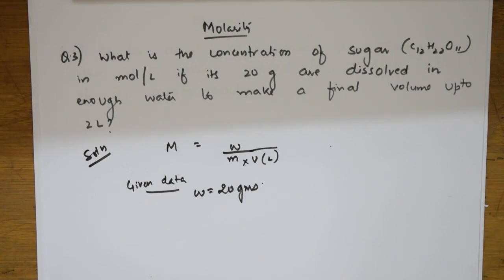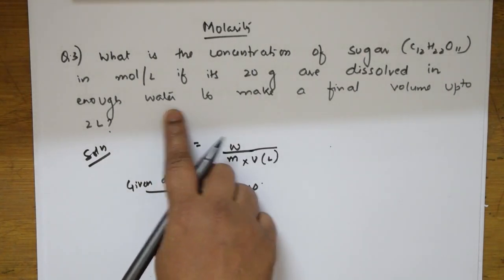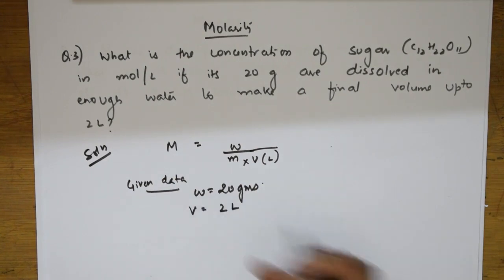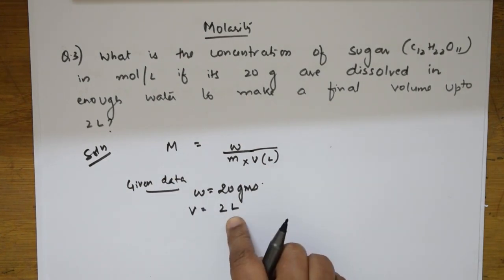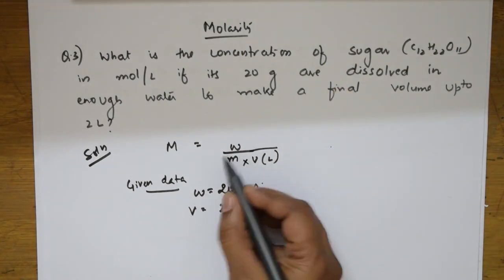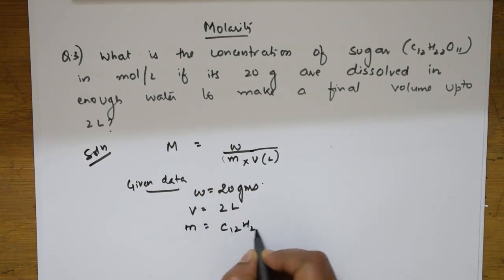Did they give us mass or volume? Okay, volume. Volume is given to us: enough water to make up the final volume to 2 liters. Already this is in liters, not a problem. And after that, did they give us molecular mass? Okay, molecular mass is not given to us. That mass I'm going to calculate for C12H22O11.